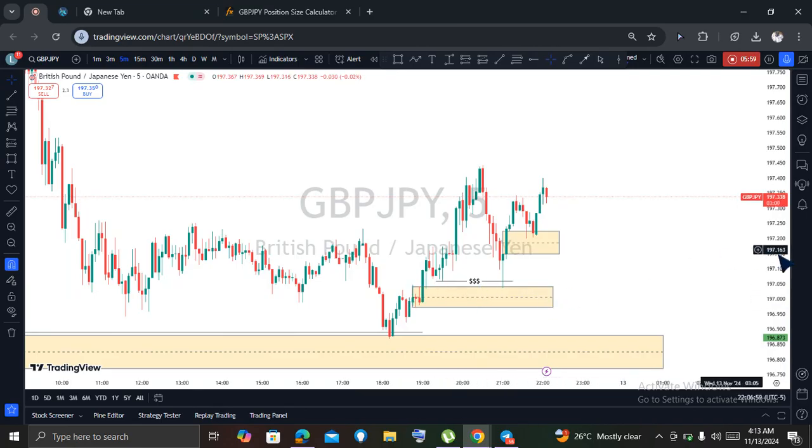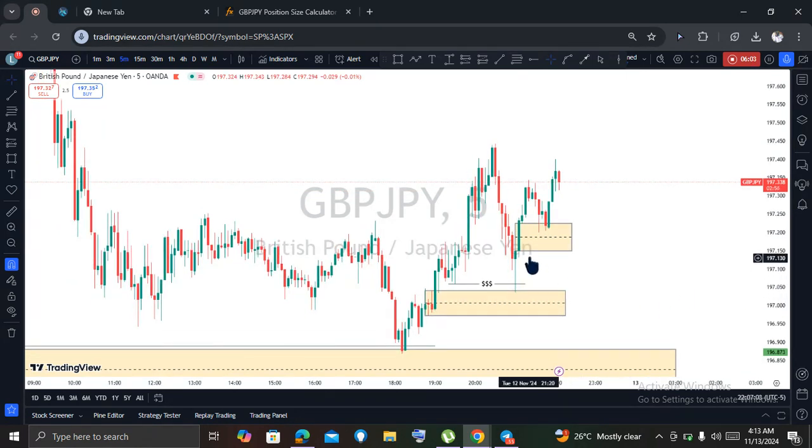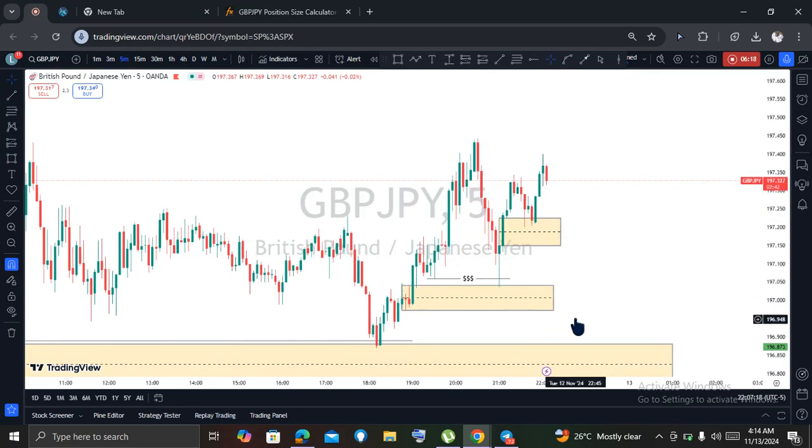I don't know, maybe the spread or something like that. I was meant to take a trade, although it tapped in on TradingView, but not in my broker. So let's see, maybe it will still come back around this area. So another scenario, right?